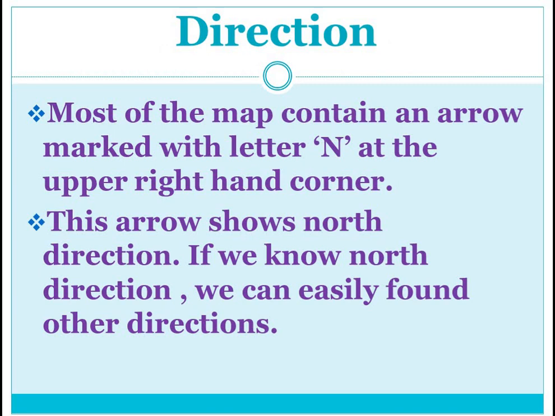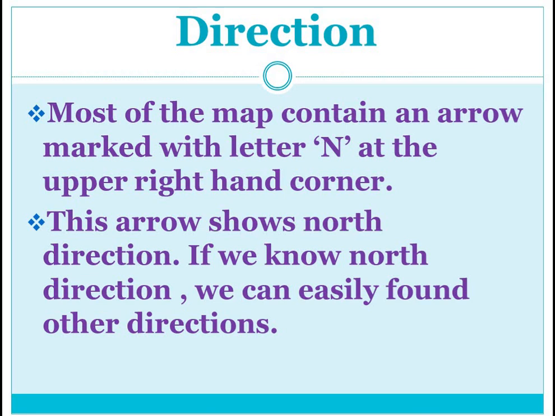The second component is direction. If you have seen most of the map, they have an arrow sign there on right hand side on the top where N is written. That represents that the north direction. And if we know the north direction, we can easily find out the other directions also.